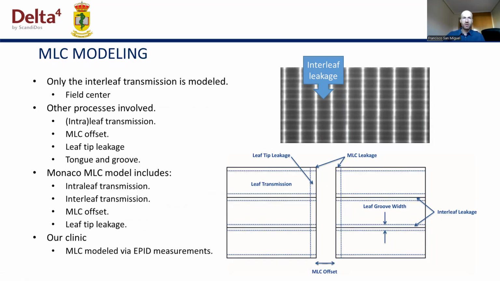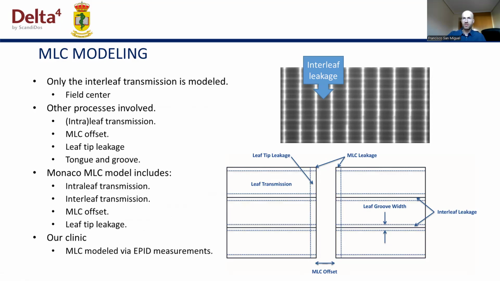Regarding the MLC modeling, it is important to emphasize that in Insight, only the interleaf transmission is modeled, and it is done in the field center. That means that the accuracy of the MLC modeling will thus be highest in the field center and lower towards the edges of the field.